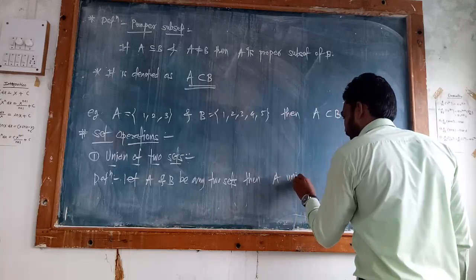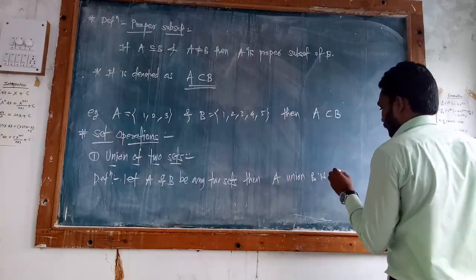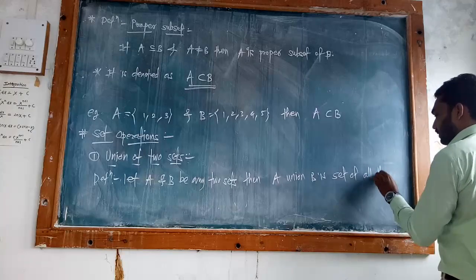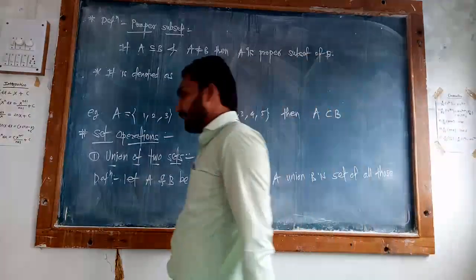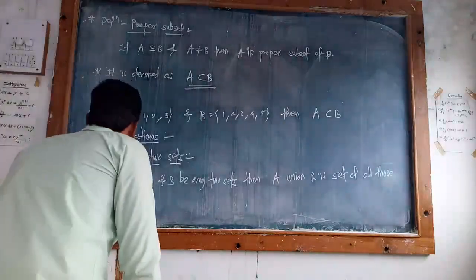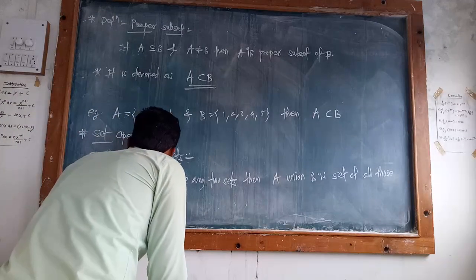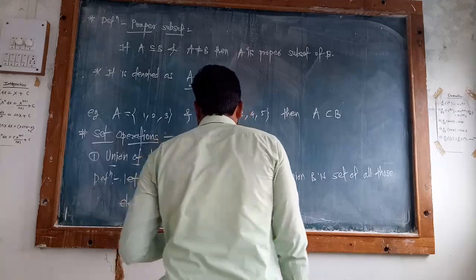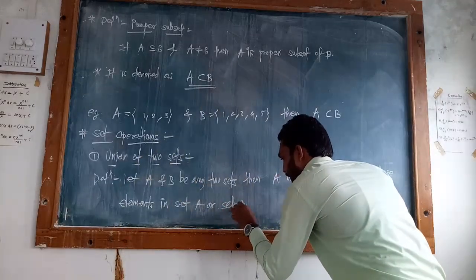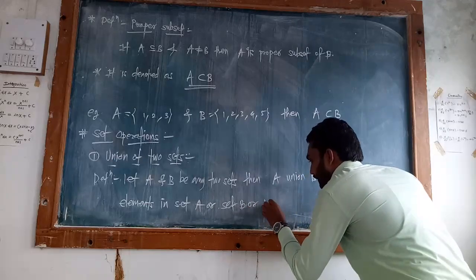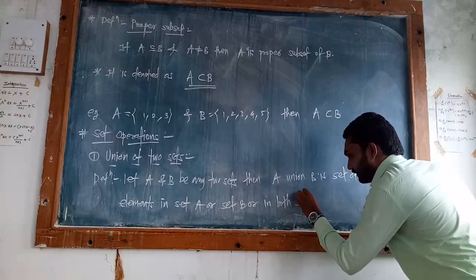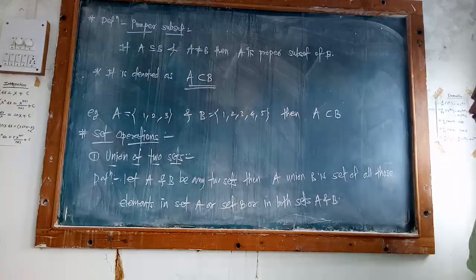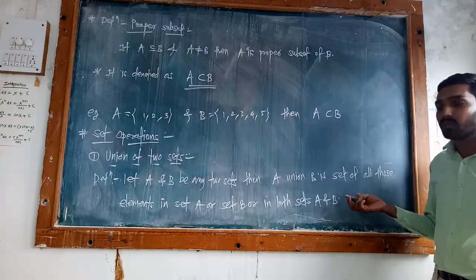Then A union B is the set of all those elements in set A or set B or in both sets A and B, is called as A union B. Okay?